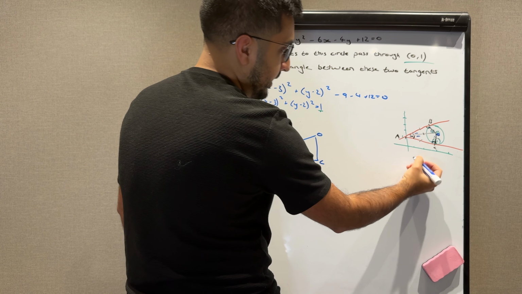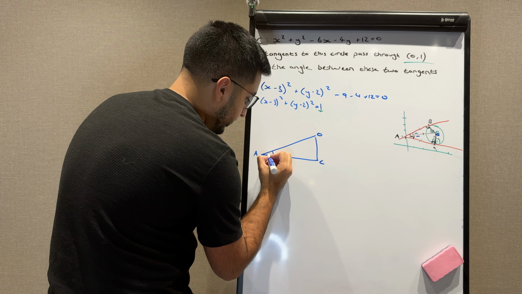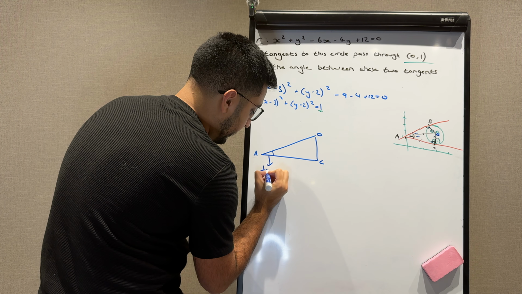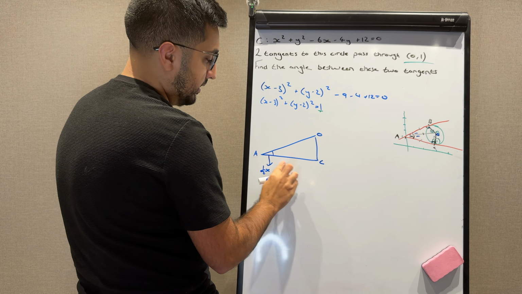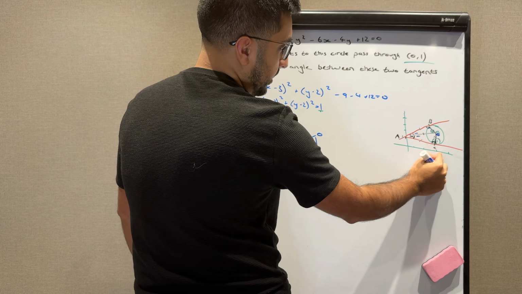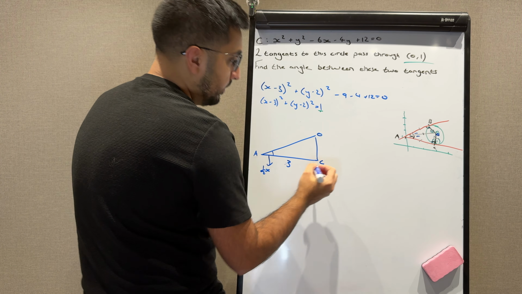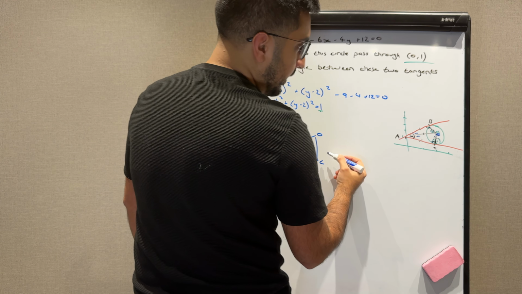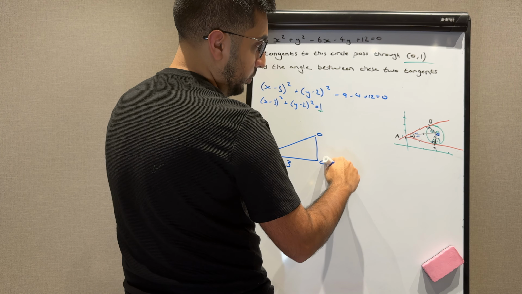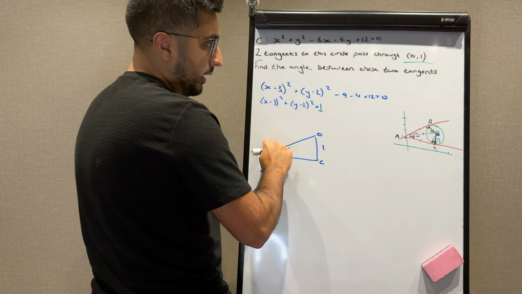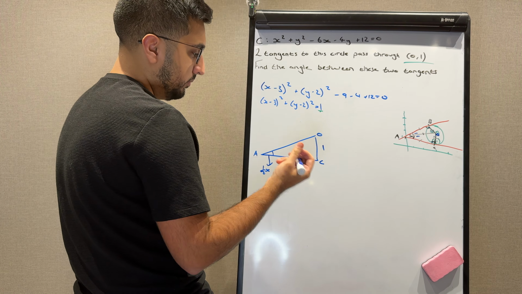So if the entire thing is x, then this angle here is half x. The distance from A to C starts at 0 and goes to 3. The height of this triangle starts at 1 and goes to 2.